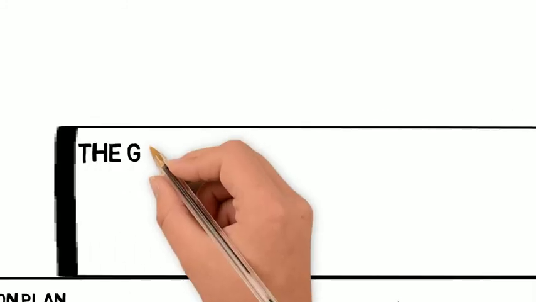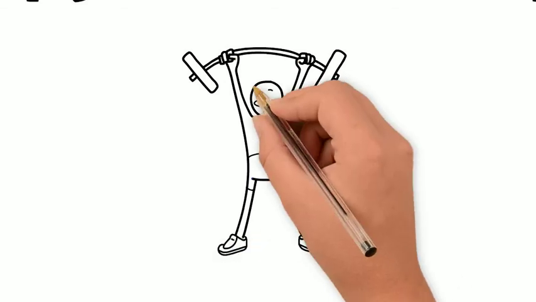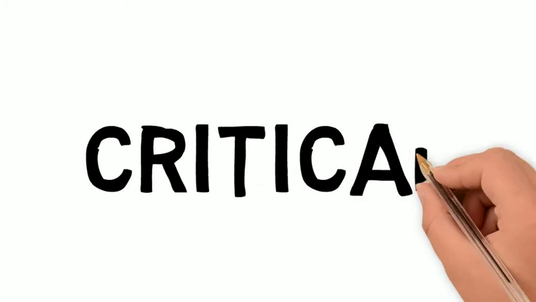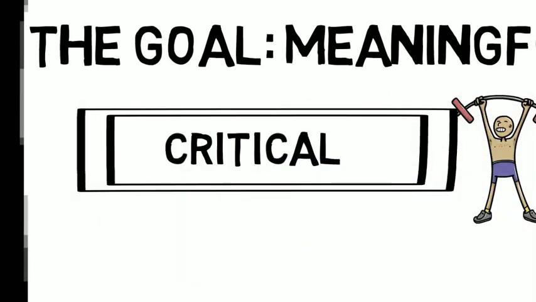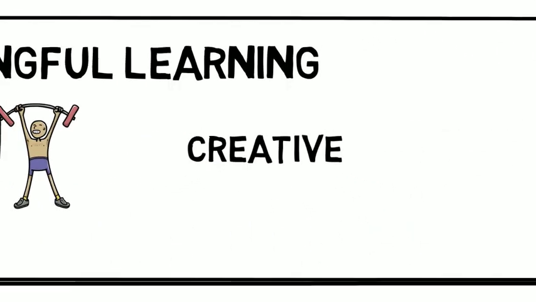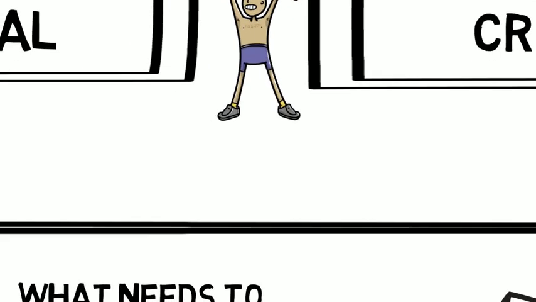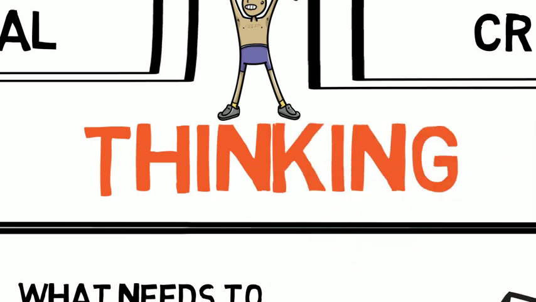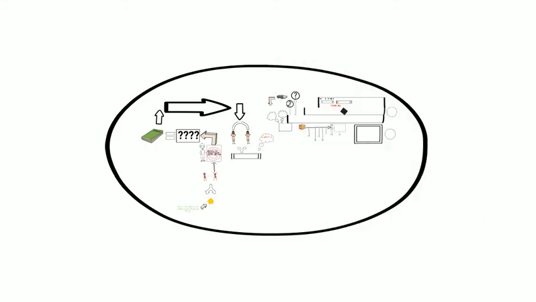The goal, meaningful learning, emphasizing the long-term goal of critical and creative thinking. Now that we understand understanding by design, I will provide an agricultural example.